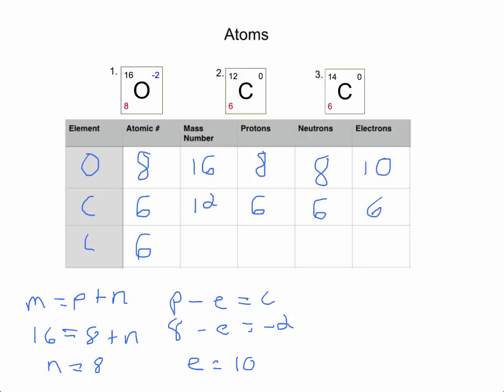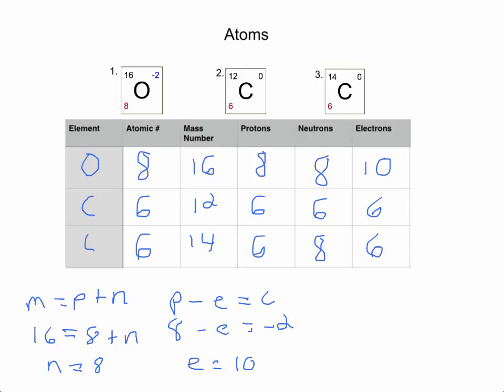This time, though, its mass number is 14. The number of protons would be 6, and now 14 minus 6 will give us 8 neutrons. When we do electrons, again the charge is 0, so protons and electrons are the same number, and we have 6 electrons.